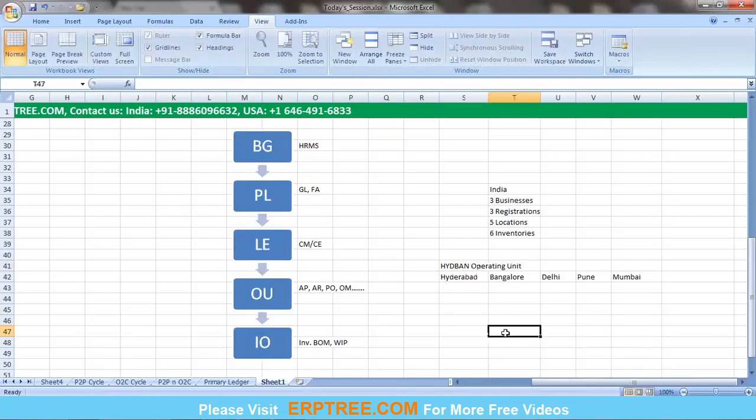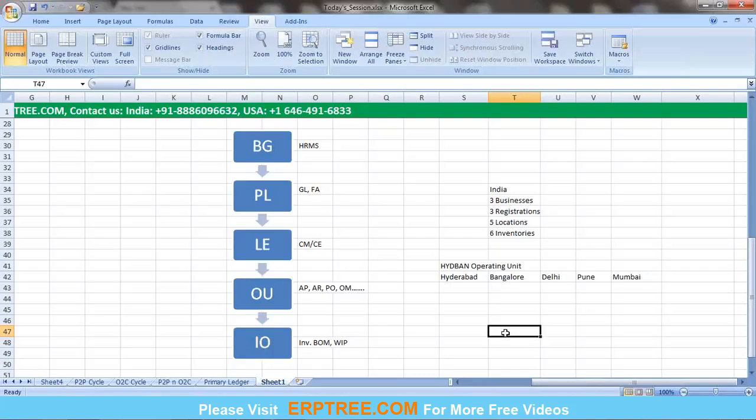So you are not going to maintain the data separately, even though you are running the business operations in different locations. This is how you can decide whether you have to go with a separate operating unit for each location or one operating unit for different locations.